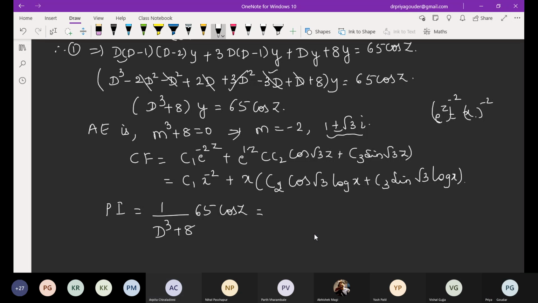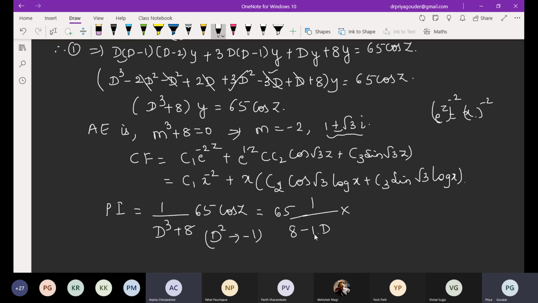Yes, so D square, let us replace it. As it is D cube, it will not become 0. Not to worry. 1 upon minus D cube is written as D square into D. D square is -1 into D plus 8. Shall I adjust the 8 here? Isn't it 8 minus D?